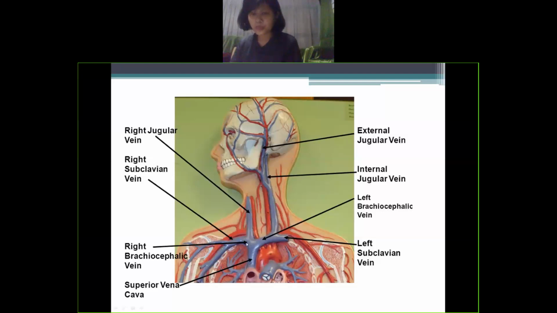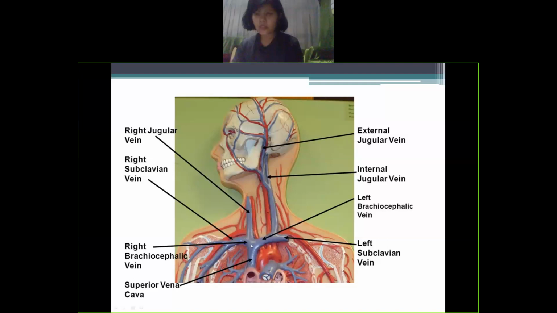Okay, so this brachiocephalic vein is located in both sides of the root of the neck. This is your neck, right? So the root means what? The foundation, from where it's coming up. So they lie in the root of your neck. They will lie here.